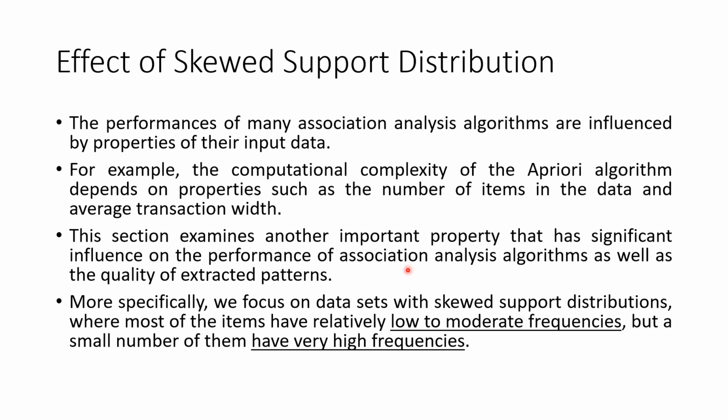This section examines another important property that has significant influence on the performance of association analysis algorithms as well as the quality of the extracted patterns. More specifically, we focus on datasets with skewed support distributions, where most of the items have relatively low to moderate frequencies, but a small number of them have very high frequencies.